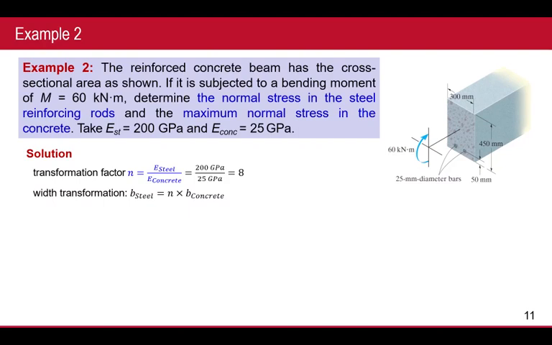But this time, because the steel bar is quite small and the concrete is quite big, if we transform the concrete into steel, that's even smaller. It's very hard to work out. That's why this time, we can convert steel bar into concrete. That means we transform steel into concrete, which becomes bigger. Otherwise, there is no way to draw the figures.